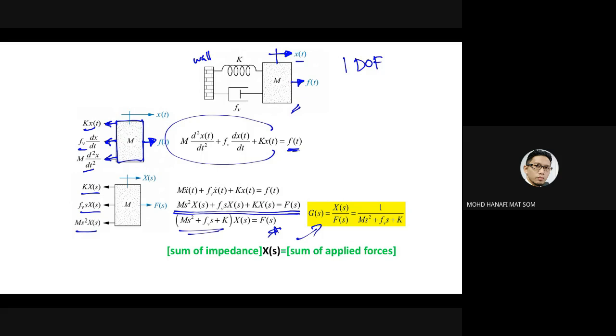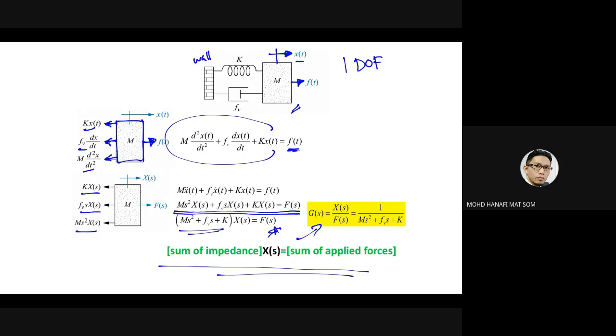Okay, so to sum it up for this example, we can come up with an equation for this 1 degree of freedom: a sum of impedance multiplied by Xs equals the sum of applied forces.